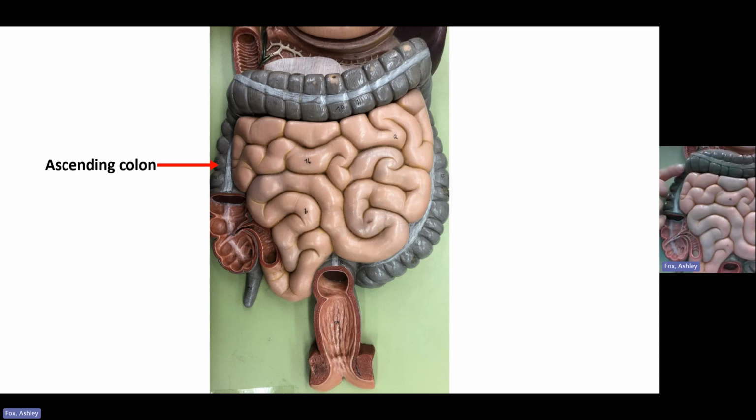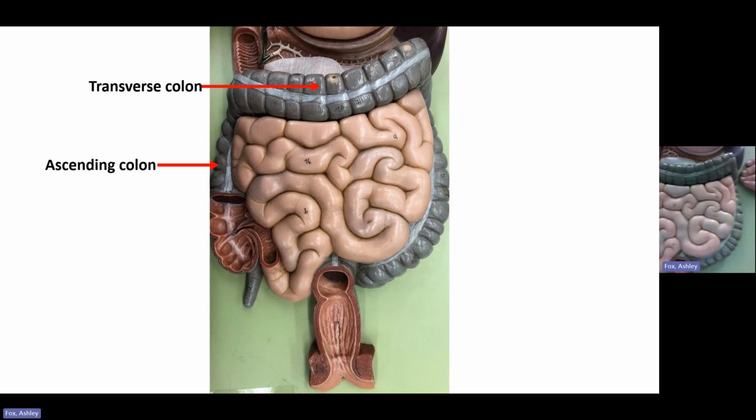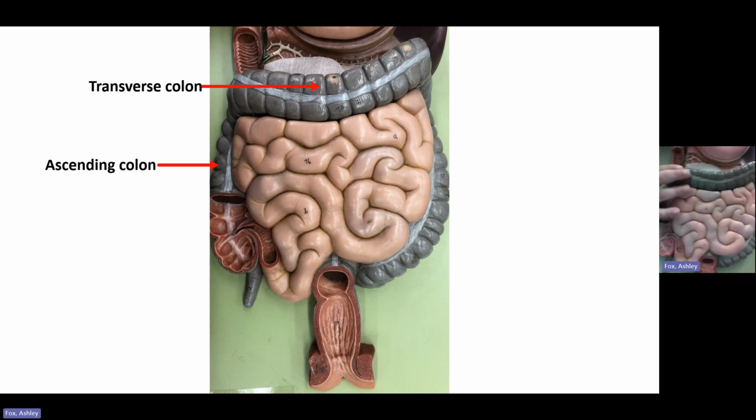Then we make a turn. It's a flexure, and we go this way. That is going across, a transverse plane. So that's your transverse colon, going across. So you go ascending and then transverse, you go across.